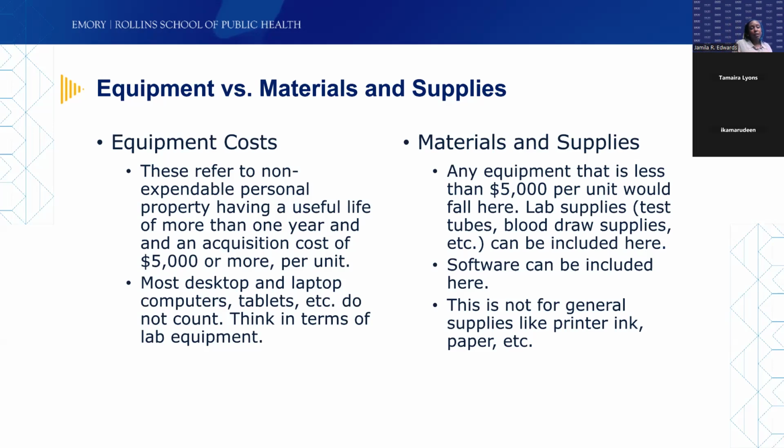Equipment really applies to things that cost $5,000 or more per unit, and most laptops and desktop computers do not cost that much. There are some instances where we have people who are analyzing big data and they have to have access to big cores. That's different. That can fit those requirements, but typically we're really thinking in terms of lab equipment.